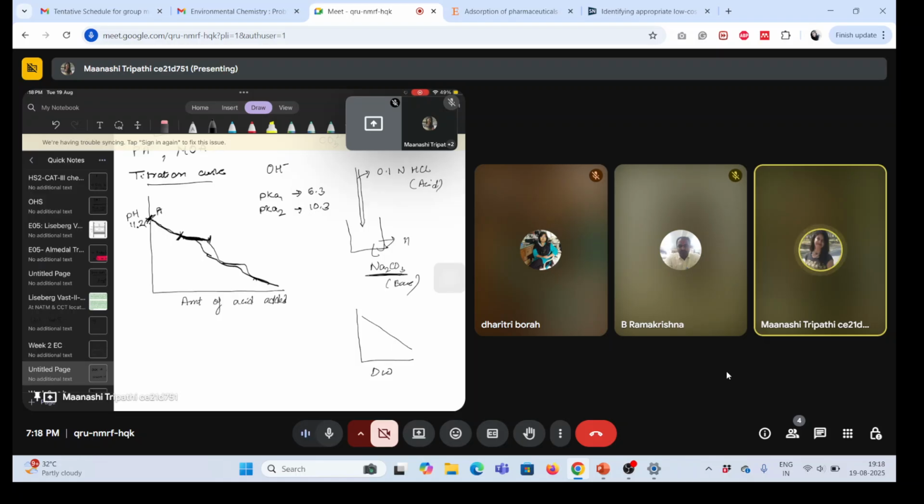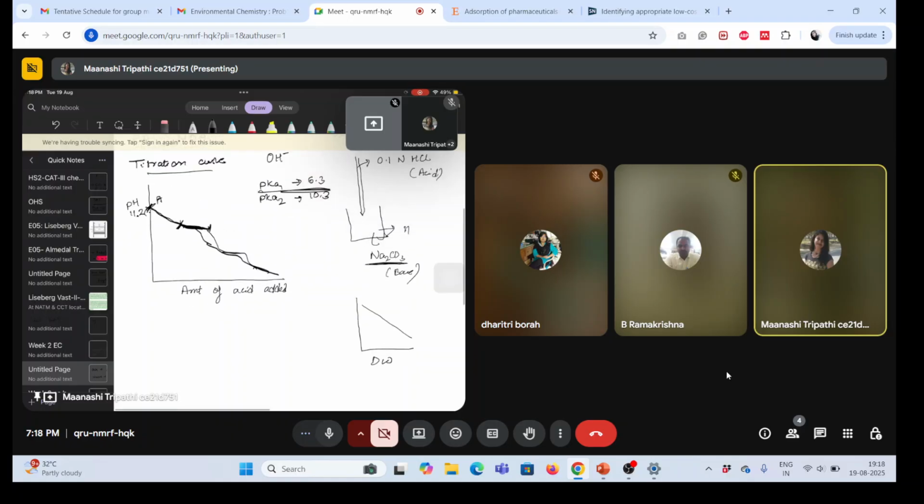Depending upon this, there will be a reduction in pH, and at those equivalence points there will be some buffering capacity, so we will see some plateau. As I explained initially, there will be a rapid fall. This is the point where it will reach the pKa1 value.